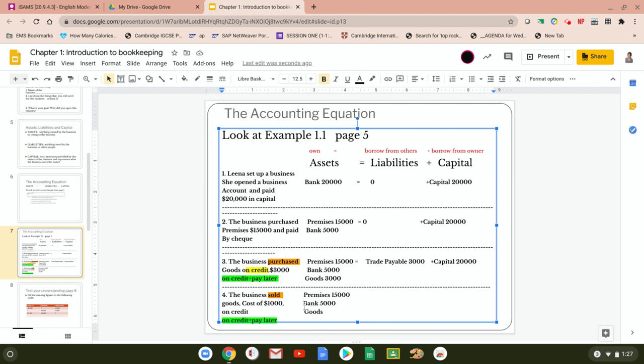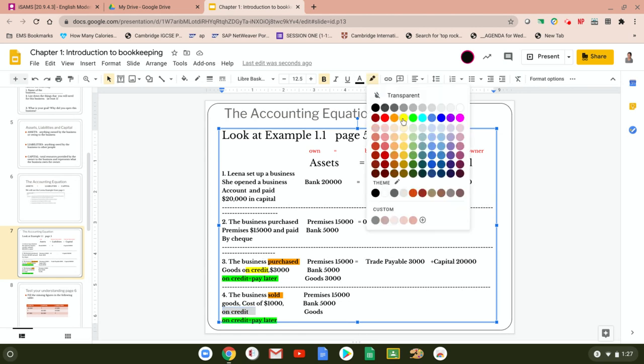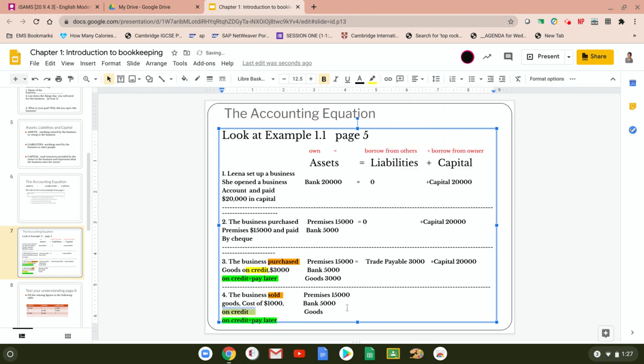But what we're doing in number 4 is that we are actually selling the goods that we purchased the previous day. So our building is there, our bank is still there at 5,000, but our goods now dropped by 1,000. However, it says again here that it's on credit. So it means the customer told you that they will pay you later.